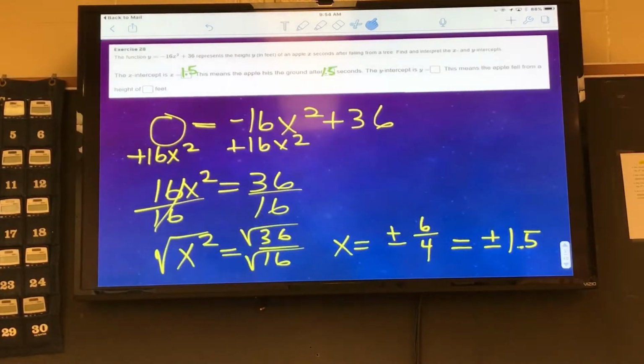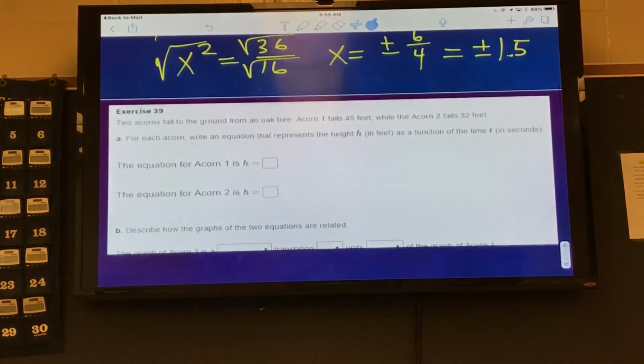The y-intercept, well, you guys know that the c value, we've talked about that, which in this case is the 36, that is your y-intercept. So 36. If you didn't know that, you could have put 0 in for x, and you would have found that y equals 36. And this means the apple fell from a height of 36 feet. That's all we needed for that problem.